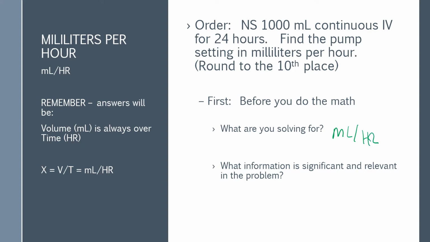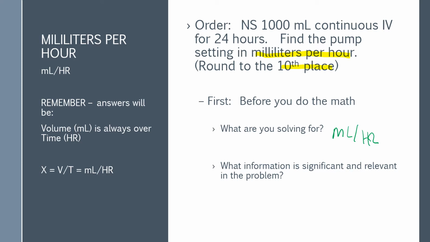So now we want to pull out what's really significant and relevant in this question. Well, we already said we're solving for milliliters per hour, so that's important, right? I hope you're also looking at the parentheses that tell you how to round, so we know our final number has to be in the 10th placeholder.